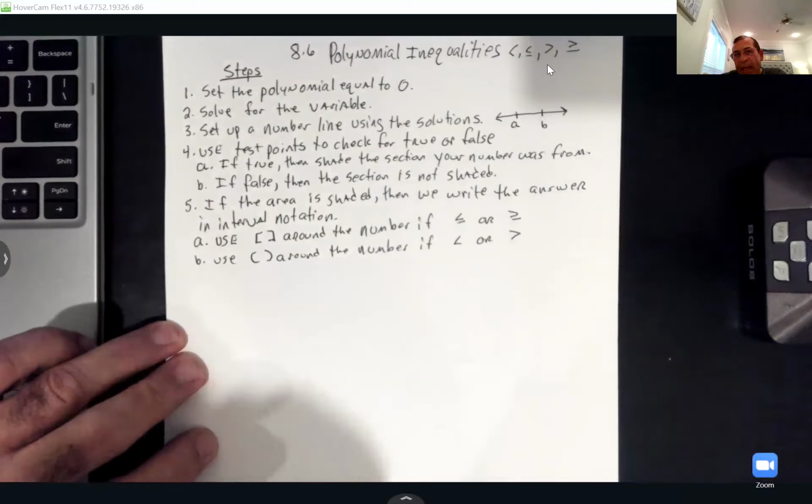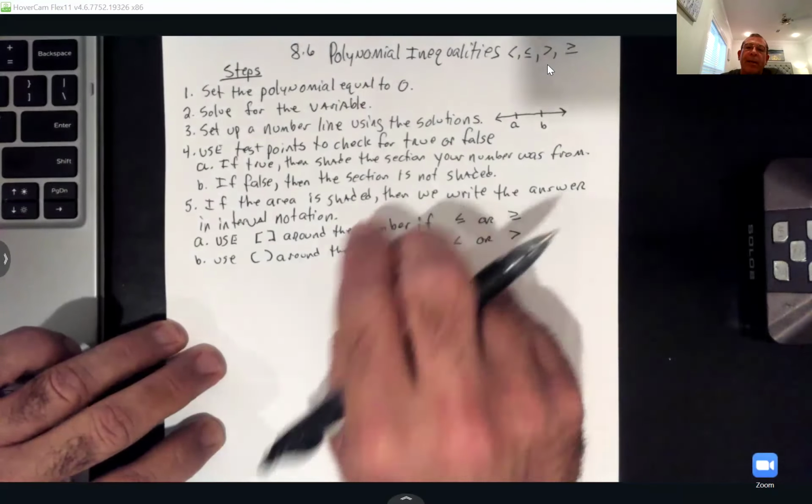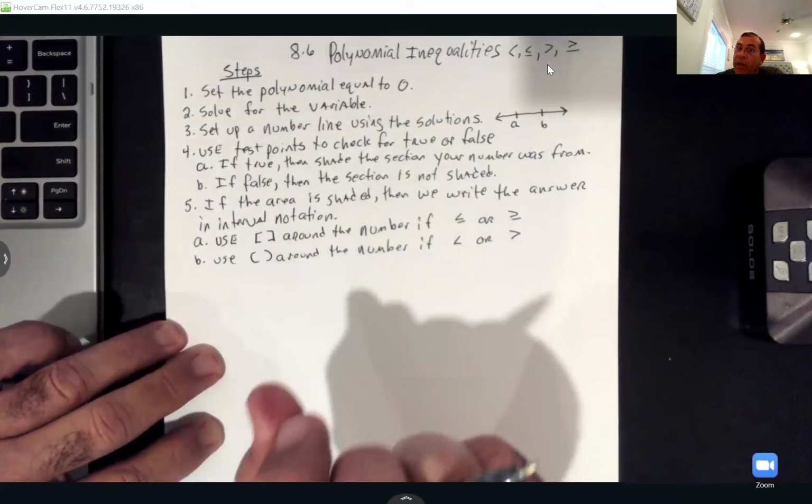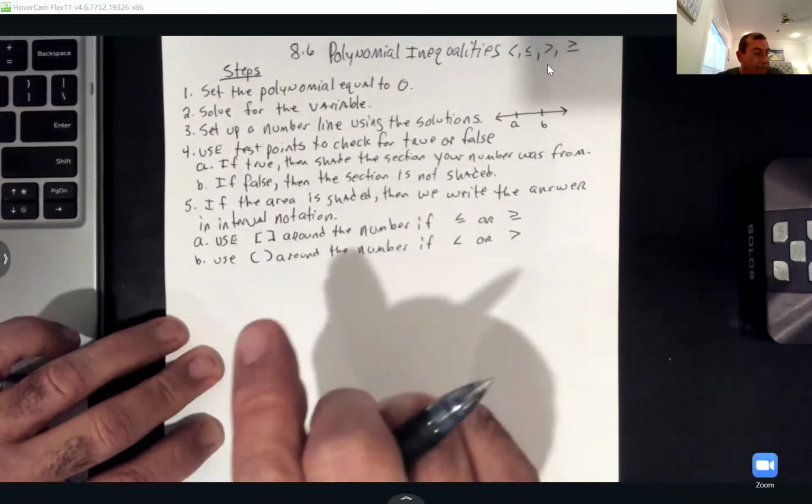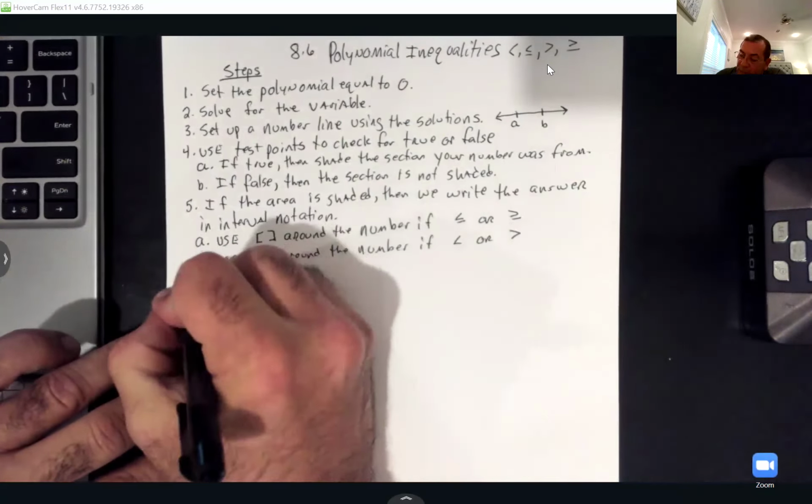Now, y'all, there's two different things that can happen. So all these are going to be solved by either factoring or square roots, okay? So there's two things you got to watch for.